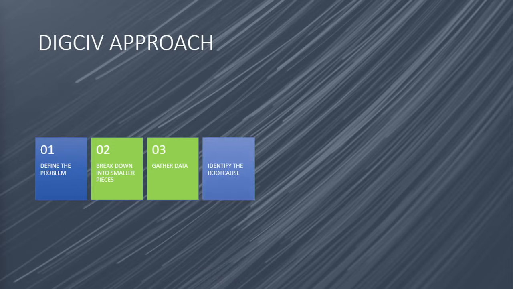You gather data and you can use that to identify the root cause. So, the project is late. There has been a delay in a document approval. Make sure you have gathered as much data from the question as possible to identify the root cause.